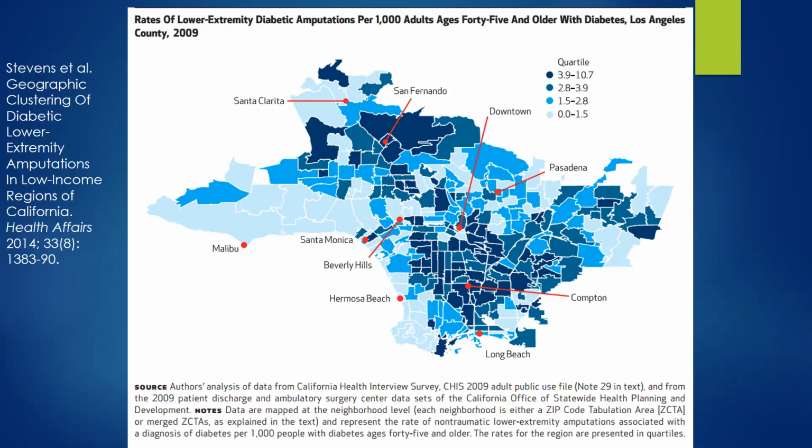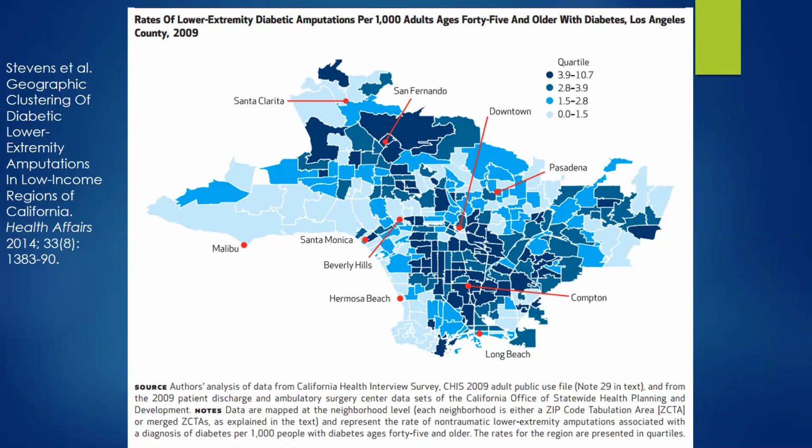So you can imagine if you were trying to understand the distribution of diabetes or risk factors for diabetes, or even diabetes related behaviors, medication adherence, for example, among people with diabetes, if you sampled primarily from the southern part of the county around Compton, you might get very different results than if you had drawn your sample primarily from the western part where you're focusing around Malibu.